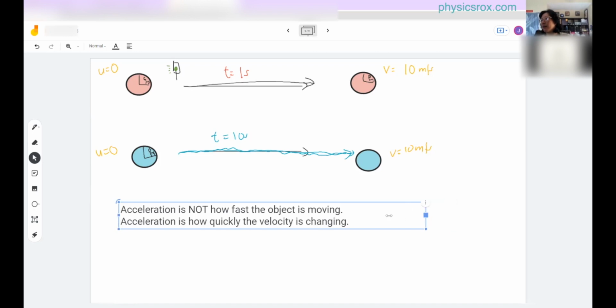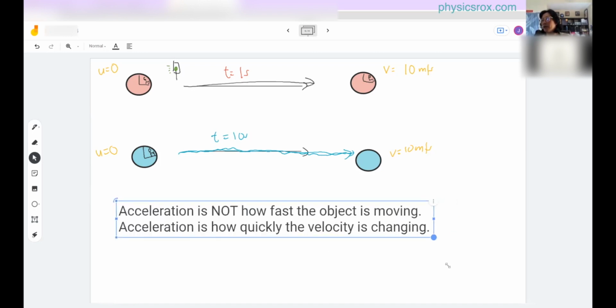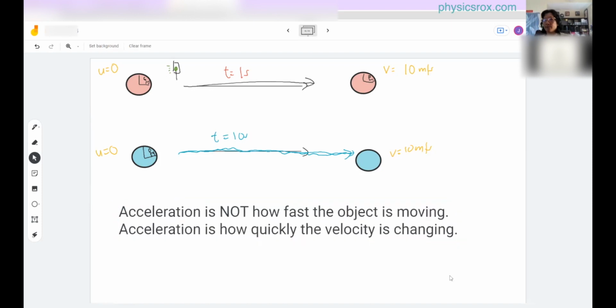Acceleration is not how fast the object is moving. Acceleration is how quickly the velocity is changing. Okay, clear about the difference between velocity and acceleration? Kind of understand what acceleration is?